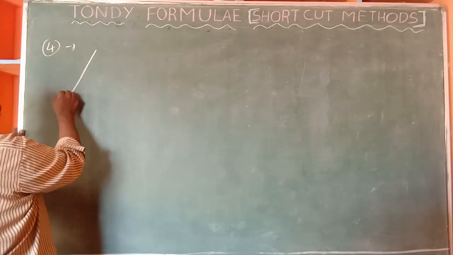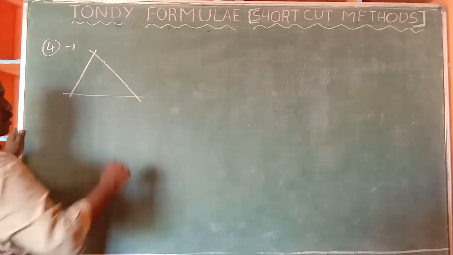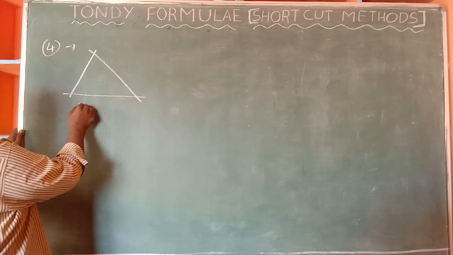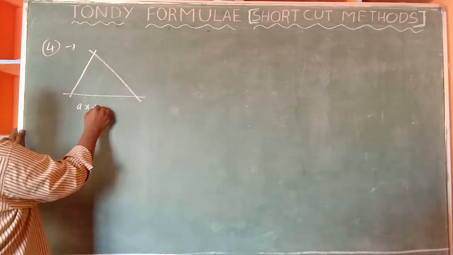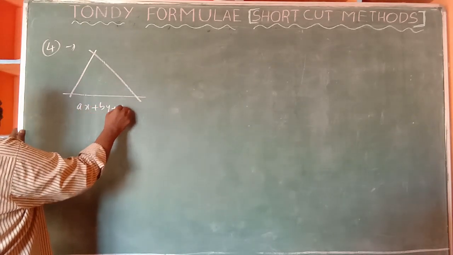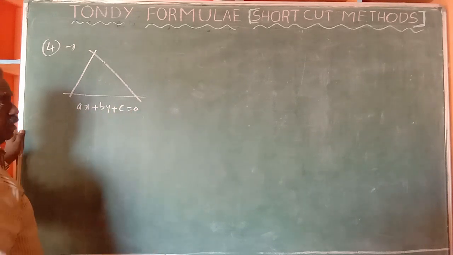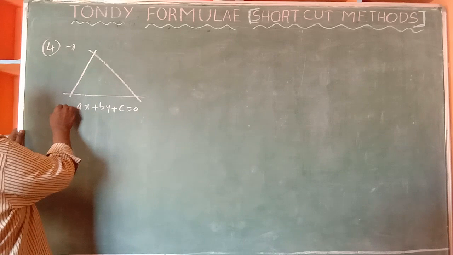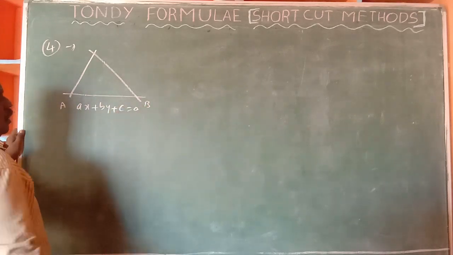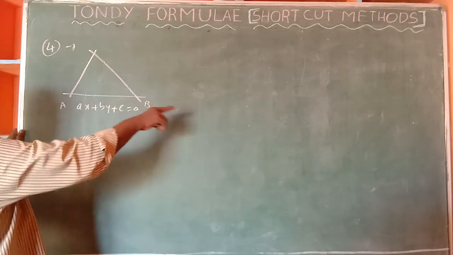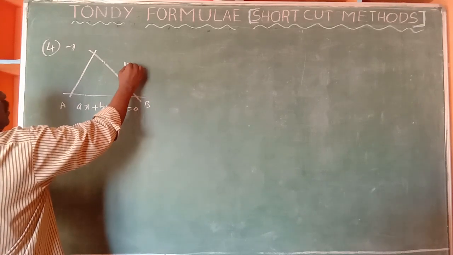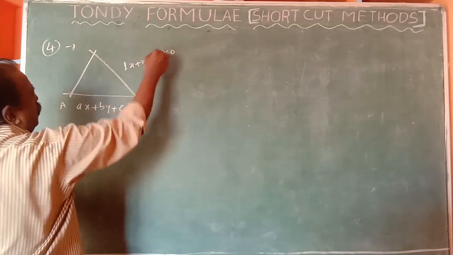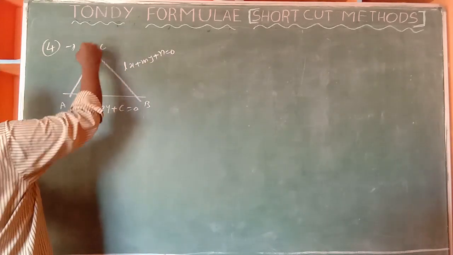The fourth one. Suppose we are asked a problem to find the area of a triangle formed by three lines. ax plus by plus c is equal to 0 is the line of side AB. Lx plus My plus N is equal to 0 represents side BC.